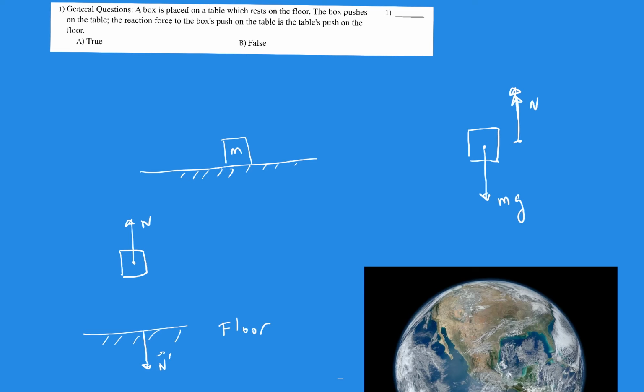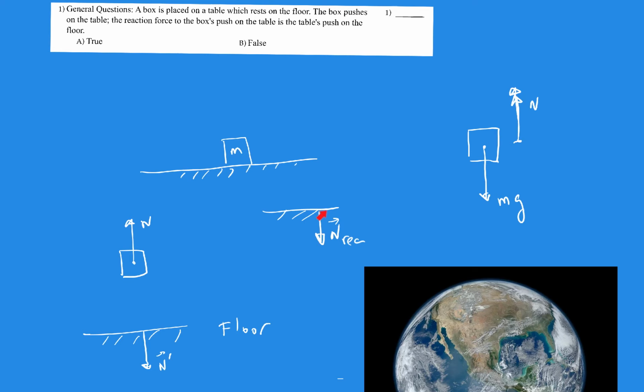So, what is the reaction of the normal force? This normal force is the force that the floor is doing on the mass. The reaction of the normal force is the force that the mass is doing on the floor.